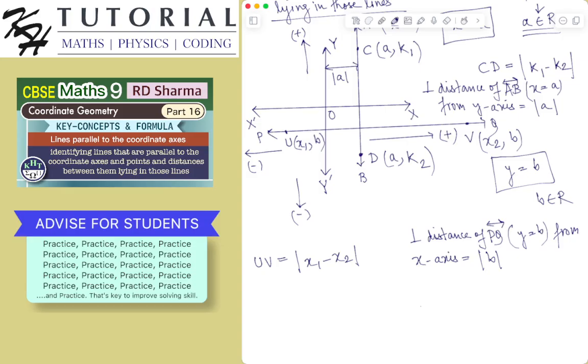That is, the distance between any two points that lie on a line parallel to the x-axis is equal to the numerical value of the difference of the abscissas of those two points.